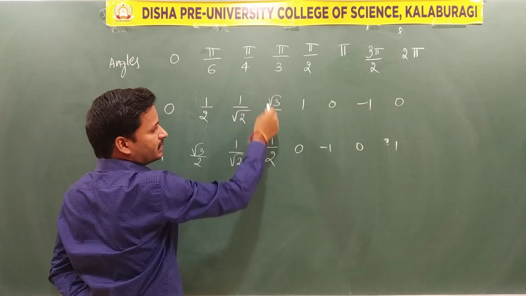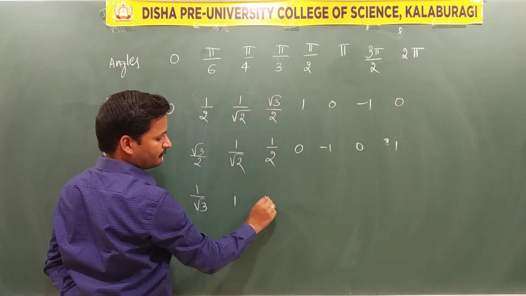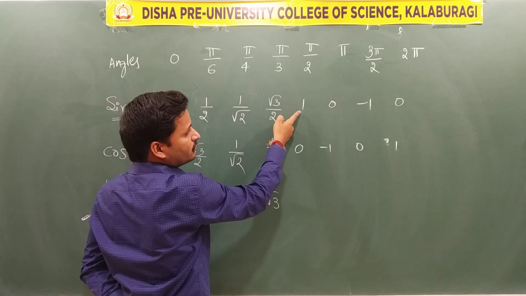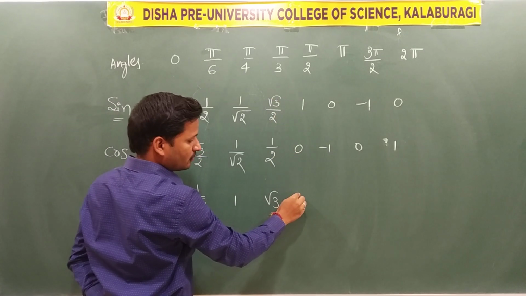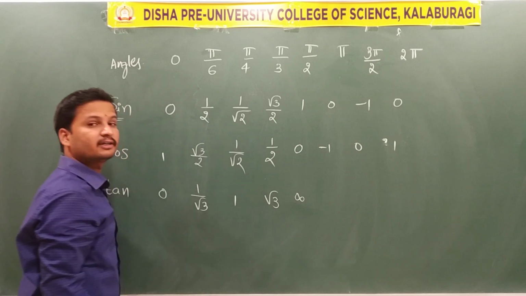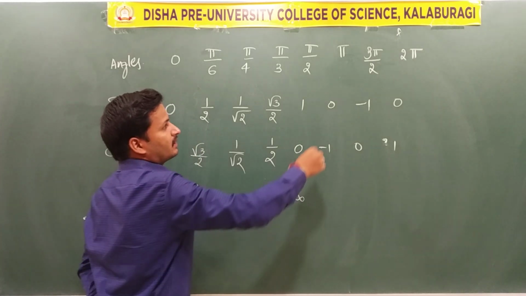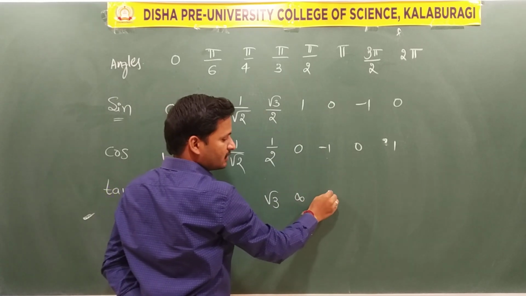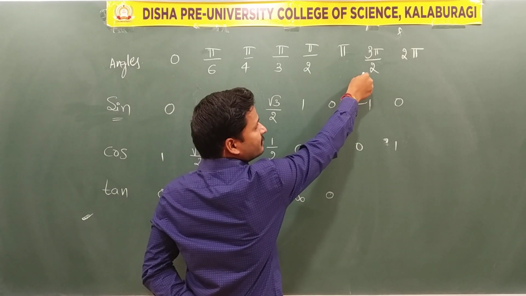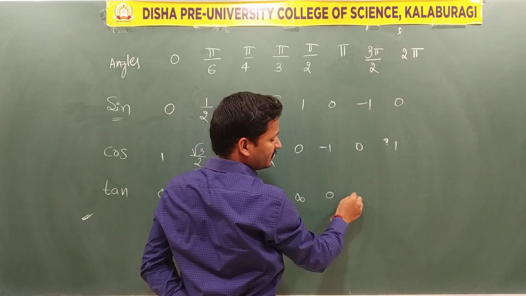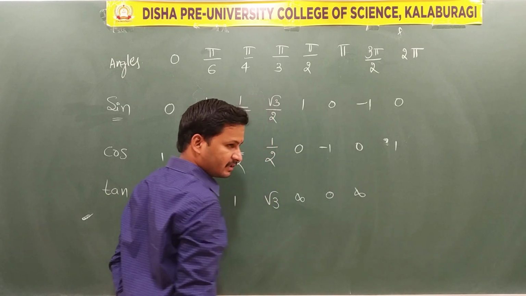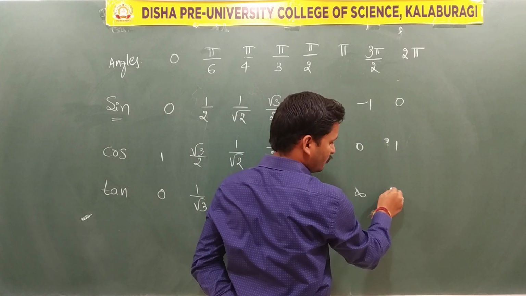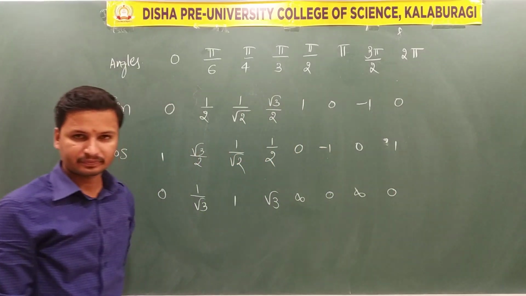Next tan 60 degree, root 2 cancelled, root 3. Next tan 90 degree, 1 divided by 0, infinity or not defined. Okay. Next tan 180, 0 divided by minus 1 is 0. Next tan 270 degrees, minus 1 by 0 is not defined, that is infinity. And tan 360 degree, 0 by 1 is 0.